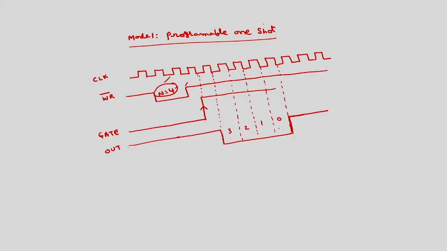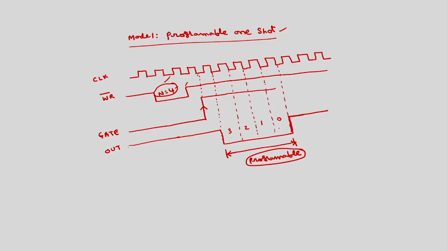So, why the name programmable one shot: the width of this signal is programmable. If n is equal to 4, this is the width. If n is equal to 5, you will get one more clock signal. Like that, this width is programmable. So that is why the name programmable one shot.